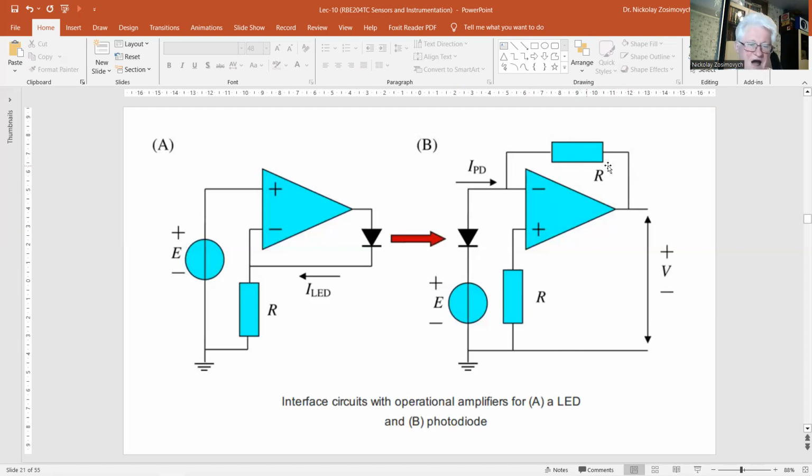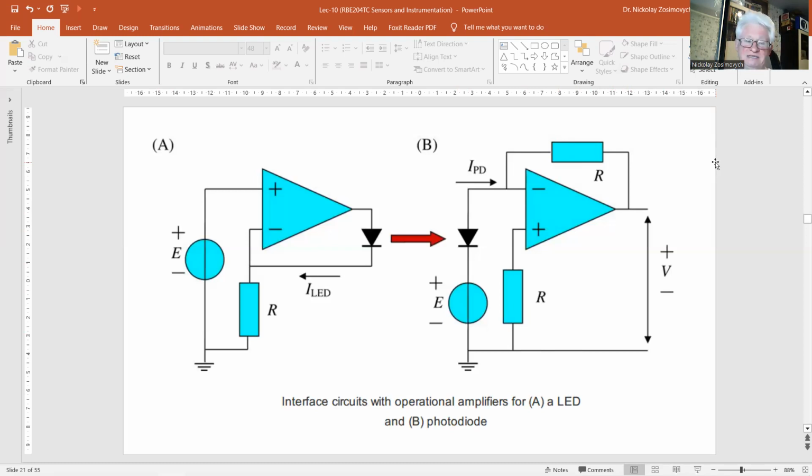The resistor R in series with the positive input terminal serves for compensation of the bias current of the operational amplifier, which flows also through the feedback resistor.